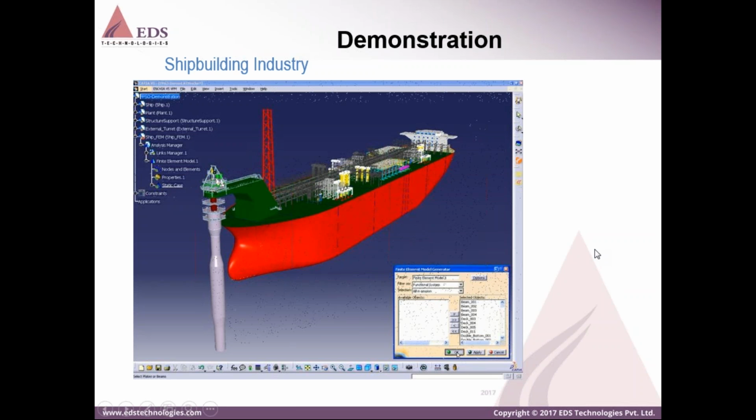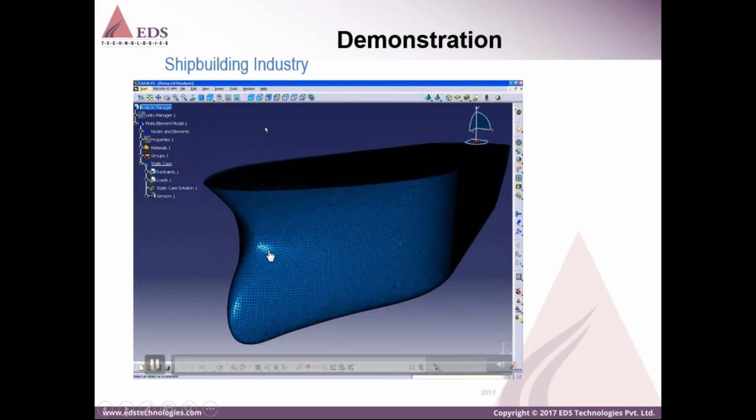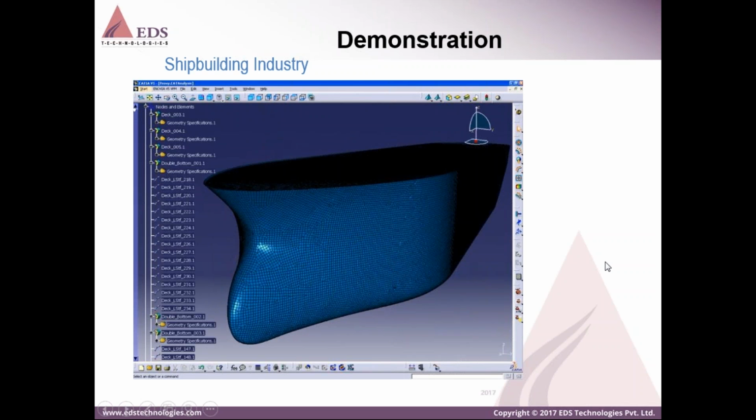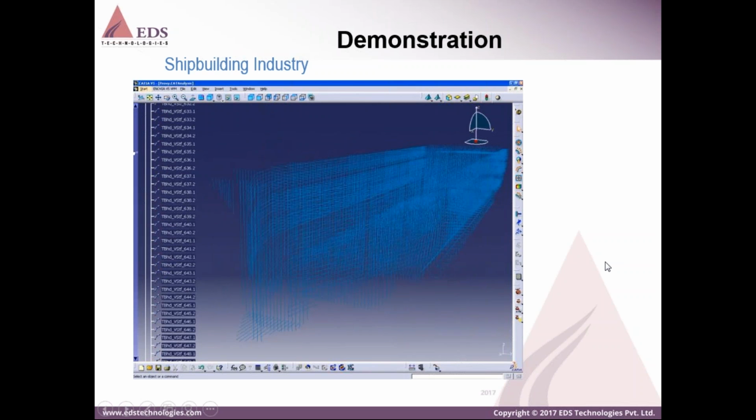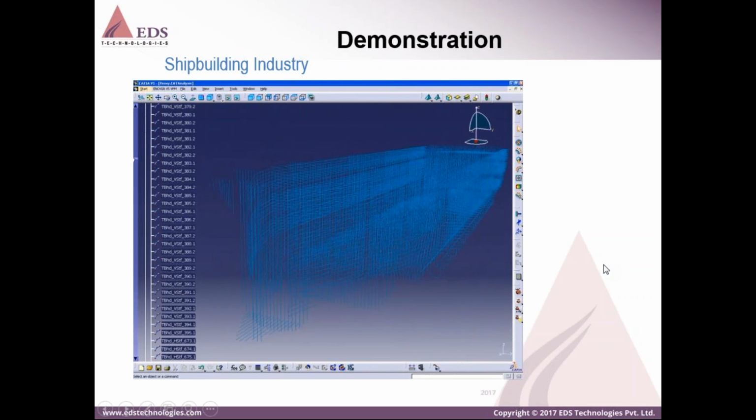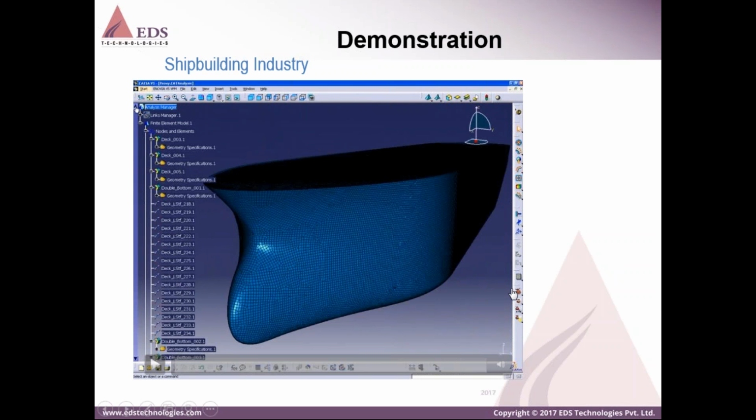And the finite element model can be easily analyzed for the critical conditions. You can see the number of parts or elements is very high. So large assembly analysis are also available with CATIA.